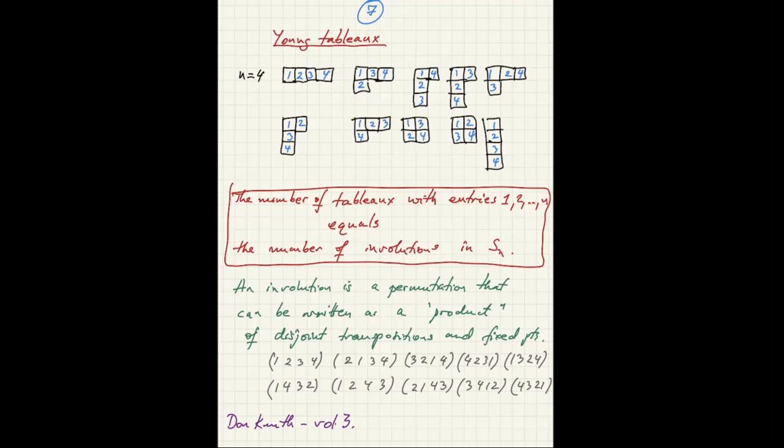The idea is based on what is now referred to as the RSK correspondence. R stands for Robinson, who studied this problem in connection with questions in graph theory and group theory in 1938.